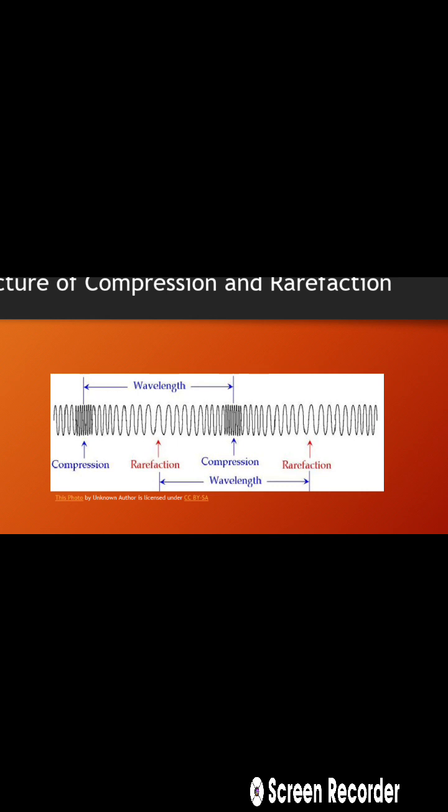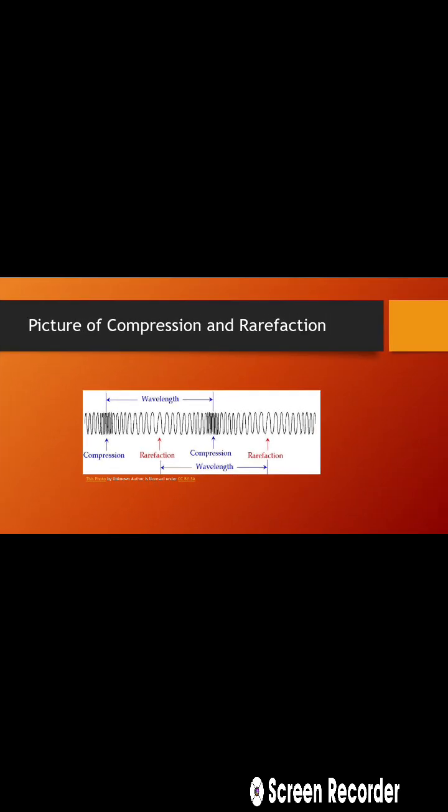In this wave the state goes beyond the normal state, very close and very far, and that is called compression and rarefaction. Without any further ado, let's go to the next slide.